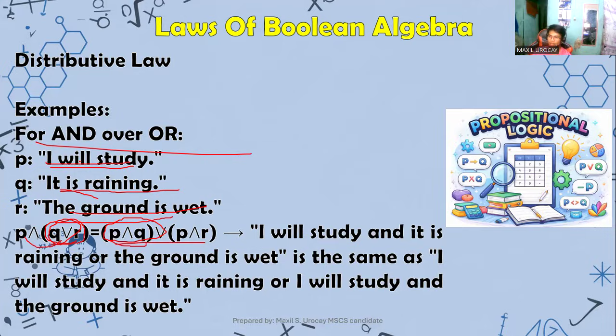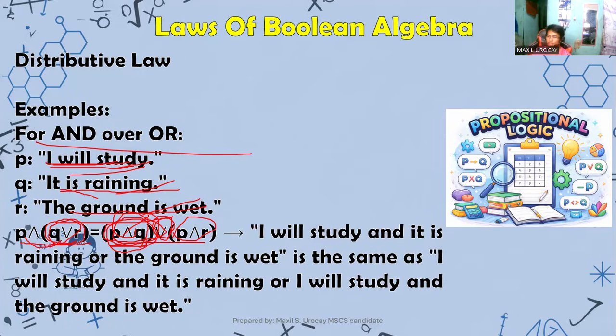Afterwards, you multiply that here. It will become, I will study and it is raining or the ground is wet. So, calculated. For P and Q, that is AND, so it will become P and Q, I will study and it is raining. So we have P and R, I will study and the ground is wet. So we have OR. Take note.